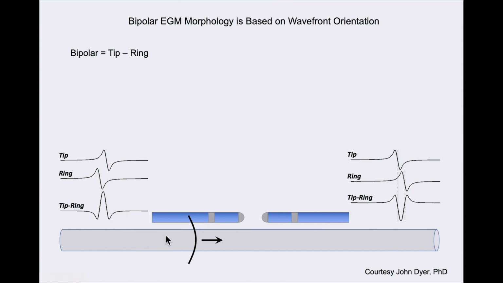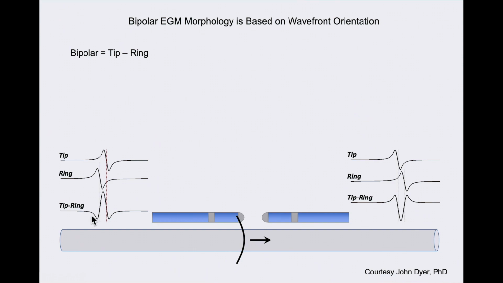When the wavefront is moving in this direction, it will cross the second electrode initially. And so remember, we invert this potential, and so the first rapid component is going to be an upstroke. We'll then cross the distal electrode and get this component, which will be a downstroke.